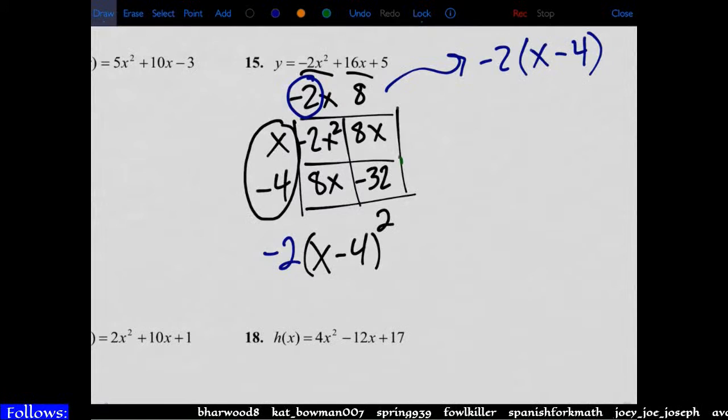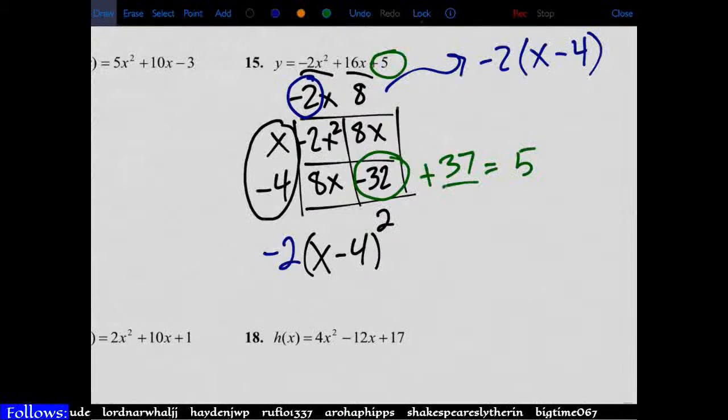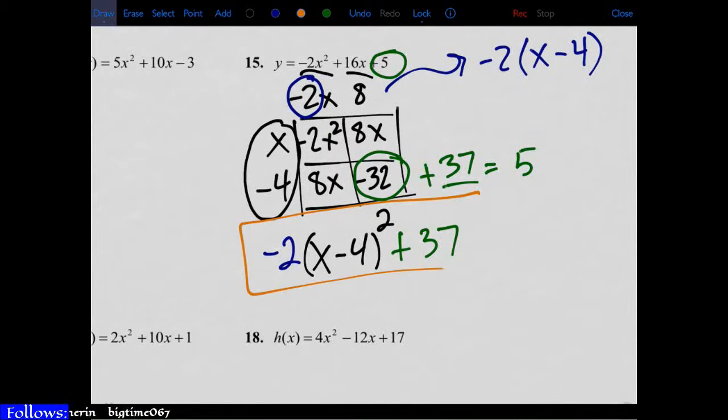Last thing to do is say this square gave me negative 32, but I actually want 5. So how do I get from the negative 32 for my square back to the 5 that I'm supposed to have? I need to add something to get the 5, which is 37. We put that right here. All right. That's number 15.